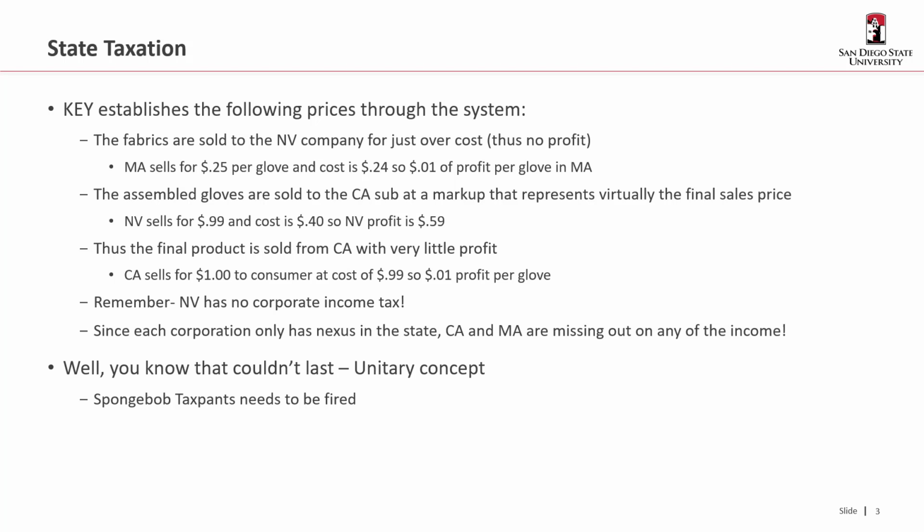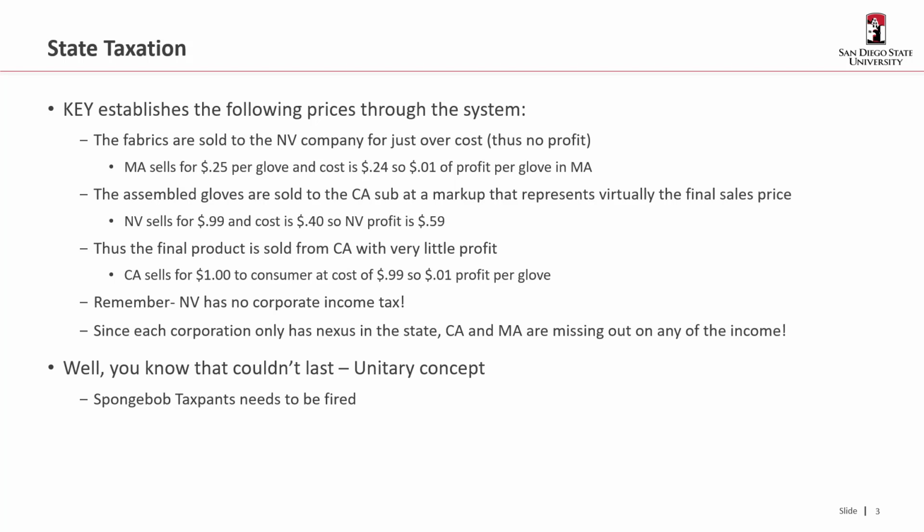Now, the assembled gloves are sold from Nevada to California. They're going to price the gloves so that they're almost at their full retail value when sold to California. So the Nevada sub sells them for 99 cents. Their cost is 40 cents, that's the 25 they're paying plus whatever they put into it.